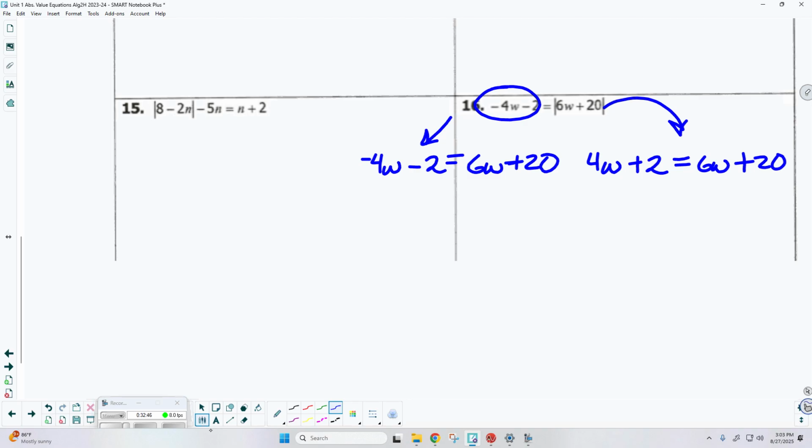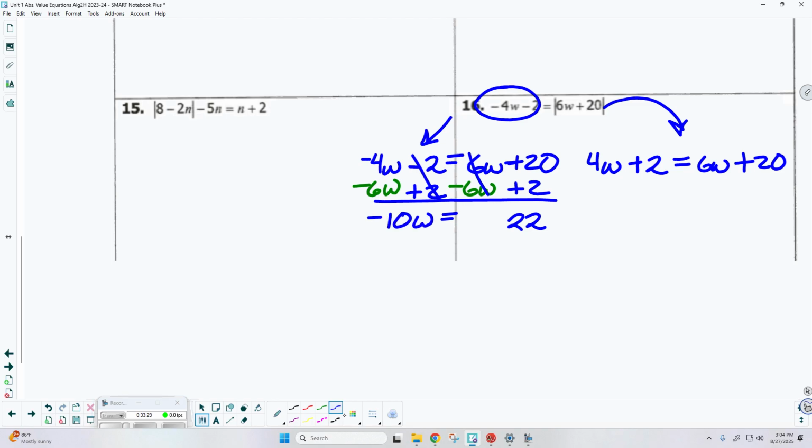Madison, what term would you like me to move? One of the w's or one of the constants? The constant. Okay. So let's go ahead and add the 2 over. Opposites cancel. So this is going to give me 22. Can I go ahead and move the w's at the same time, or does anybody want me to keep it a separate step? Okay. Then I'm going to say minus 6w. So 22 equals what? How many w's do I have? -10w.